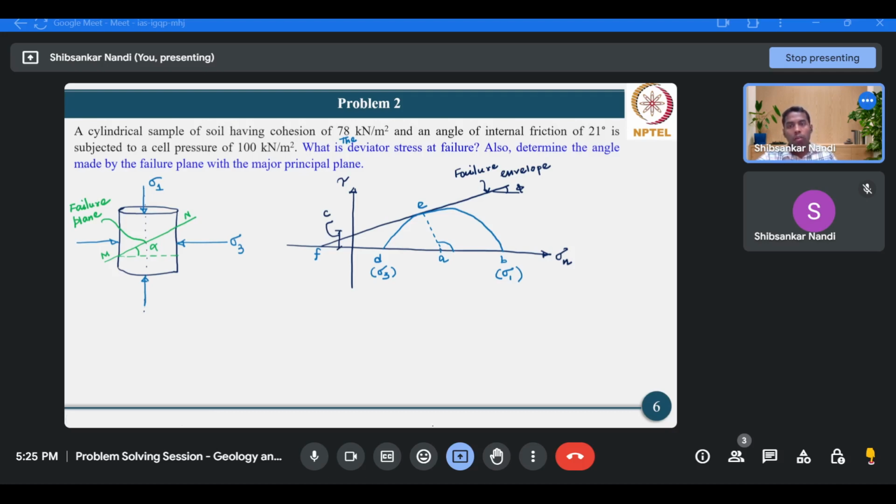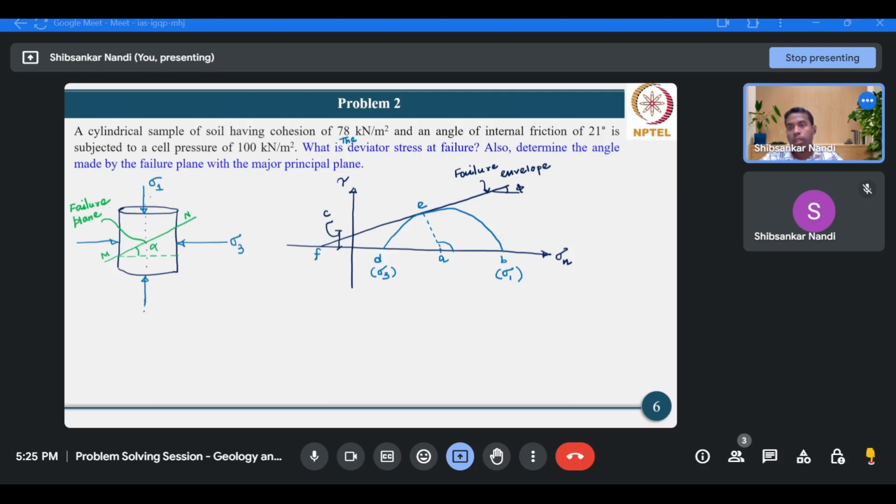Now we'll draw an analogy between these planes. What does major principal plane mean? The major principal plane is the plane on which the major principal stress is acting. As I mentioned earlier, due to the absence of initial shear stress on the radial as well as axial axis, these will be the principal stress directions.